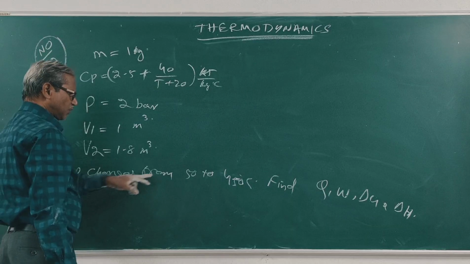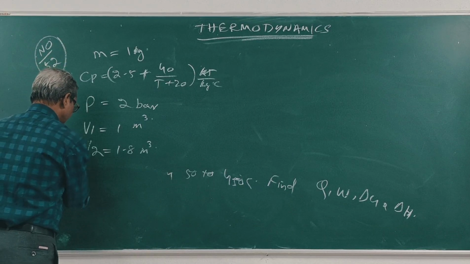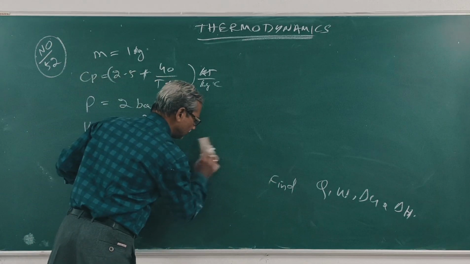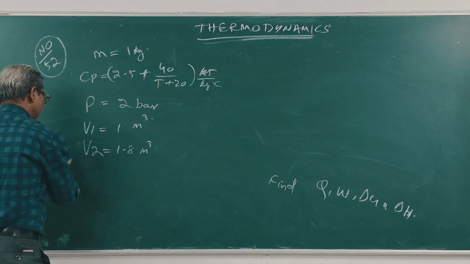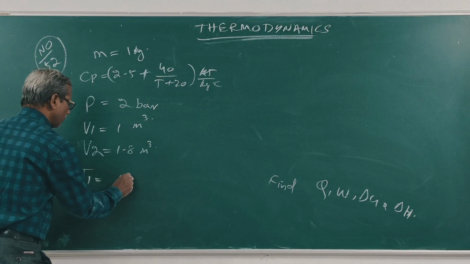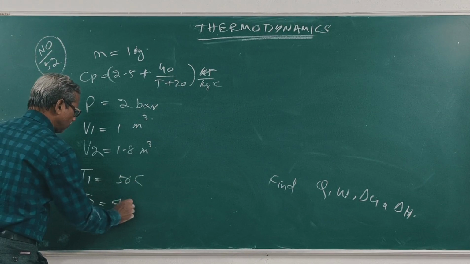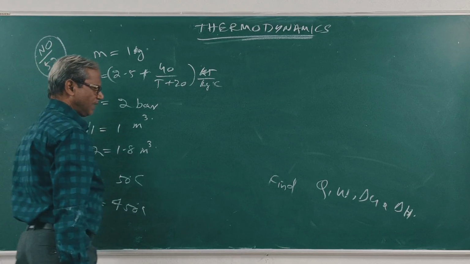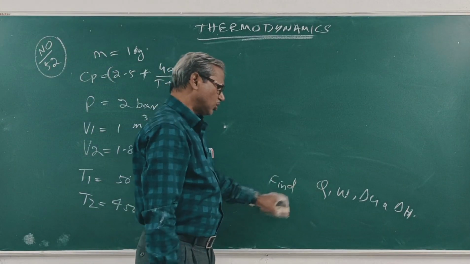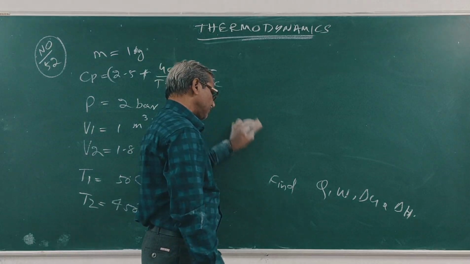The temperature changes from 50 degree centigrade to 450 degree centigrade. T1 is equal to 50 centigrade, T2 is equal to 450 centigrade. Find Q, W, del U, del S. Right.